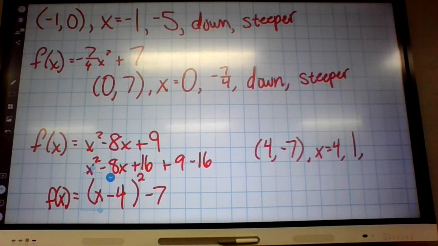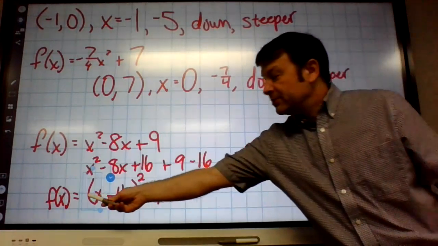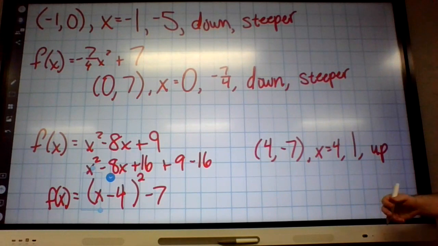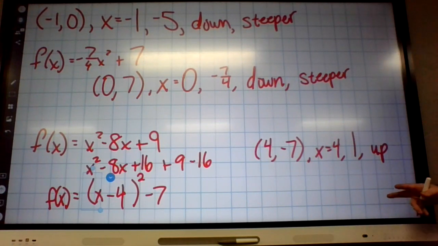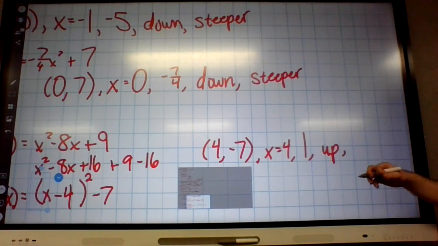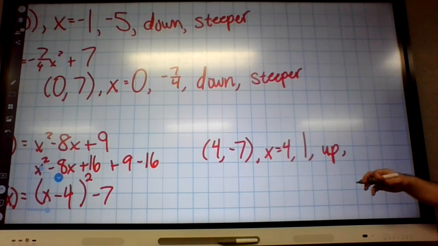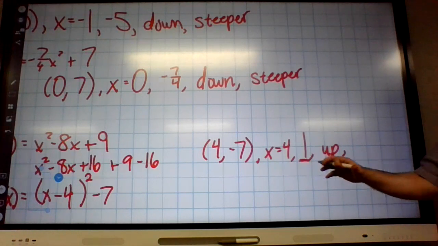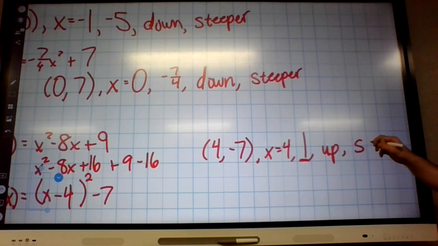Is it opening up or down? Up, because it's a positive 1. And is it going to be steeper or flatter than normal, Miranda? Or same as normal? Same, because that's a normal 1. That's kind of the standard. Alright. That's it.